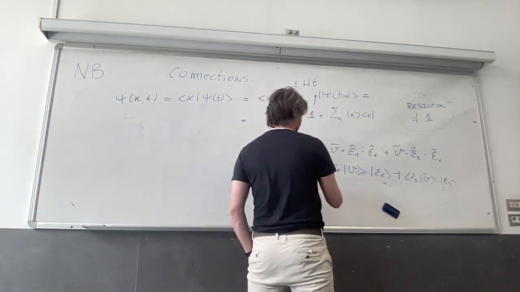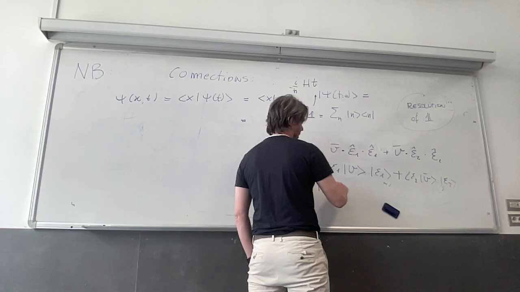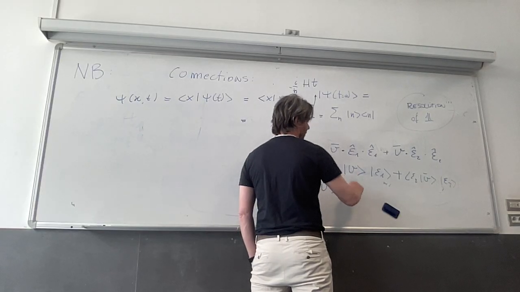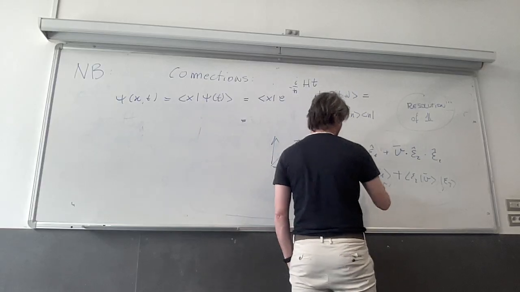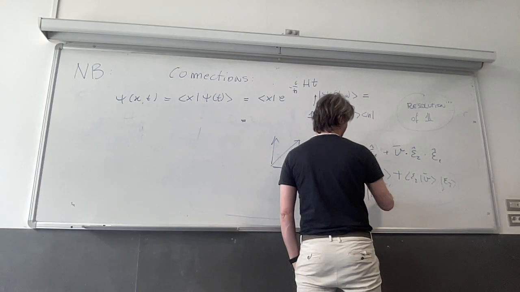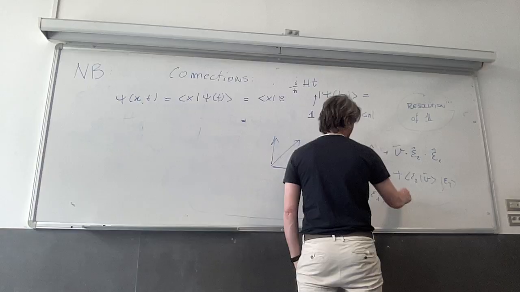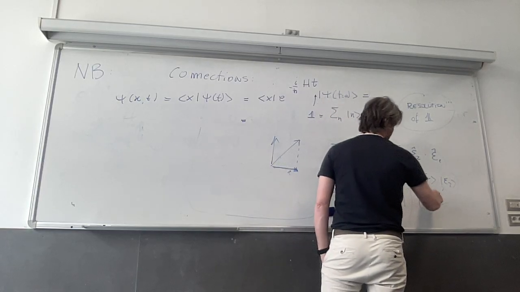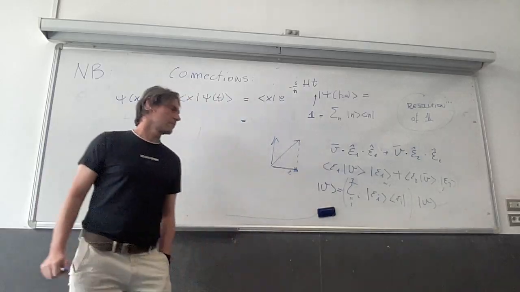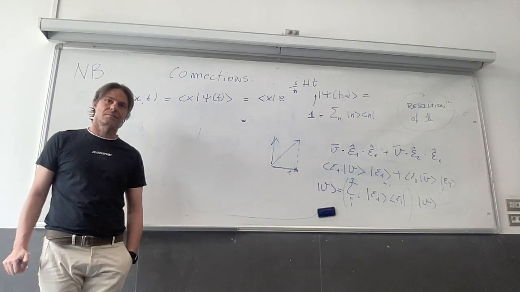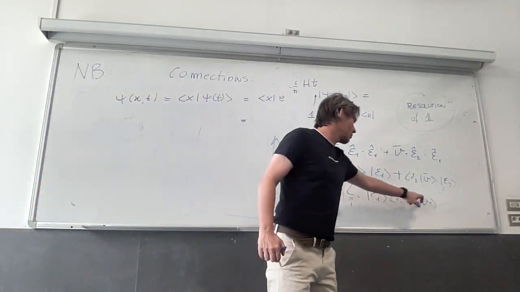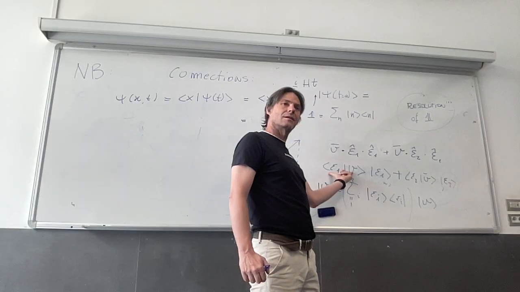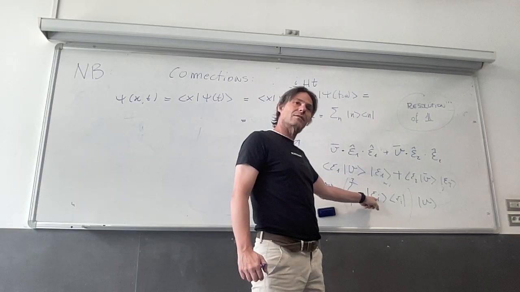Then this would be v equals sum i going from 1 to 2 of epsilon i, I apply to v. Right? This goes there, gives me this, and I'm multiplying by this. See?